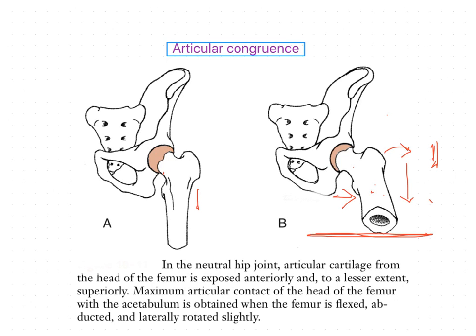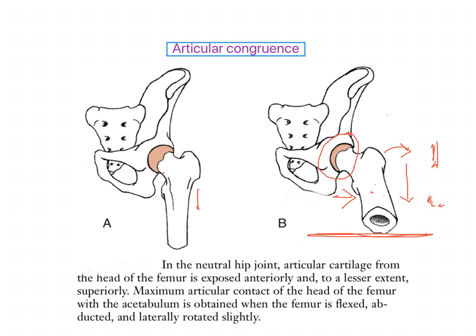So we have seen that non-weight bearing can be congruent. That means we have to maintain such a position. Then in non-weight bearing it can have maximum articular congruence.